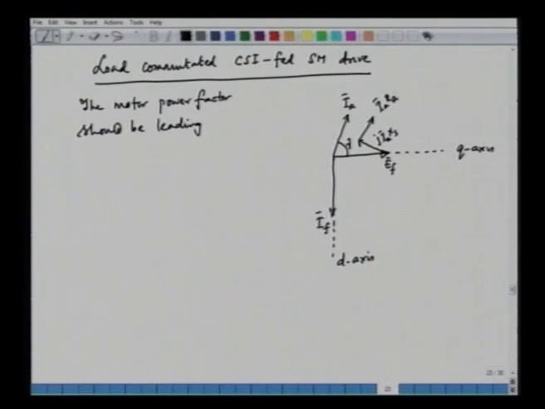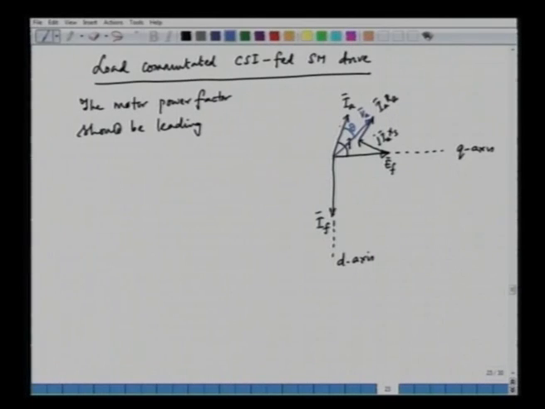Now the resultant will be giving us the applied voltage. So the applied voltage here is this vector. This is VA. Now if this is VA, what about the power factor? The power factor is the angle between V and I. So, we see here that the power factor in this case is leading. This angle is now theta.